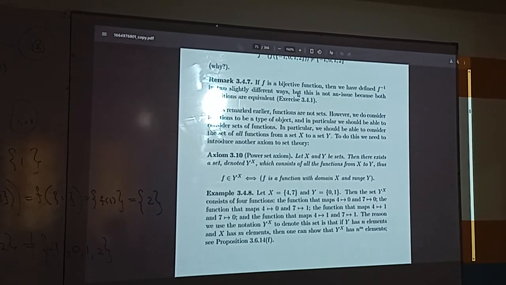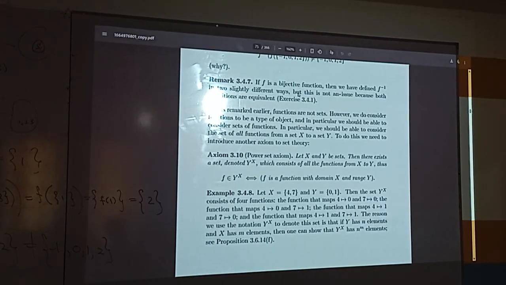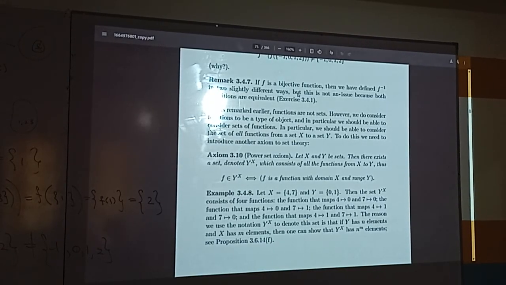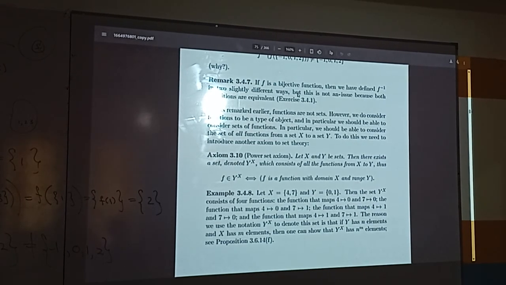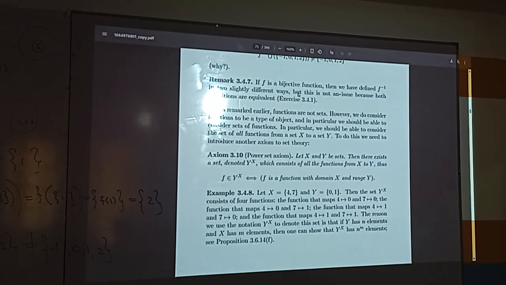Okay, as remarked earlier, functions are not sets. However, we do consider functions to be a type of object, and in particular we should be able to consider sets of functions. That's what I did in my functional analysis, you see. In particular, we should be able to consider the set of all functions from a set X to a set Y. To do this, we need to introduce another axiom to set theory. Our axiom: let X and Y be sets.